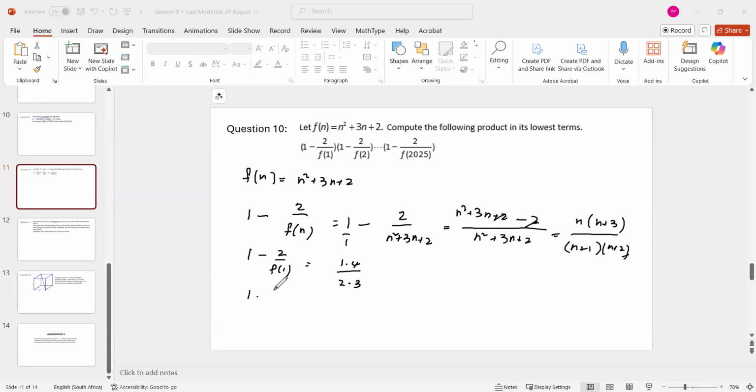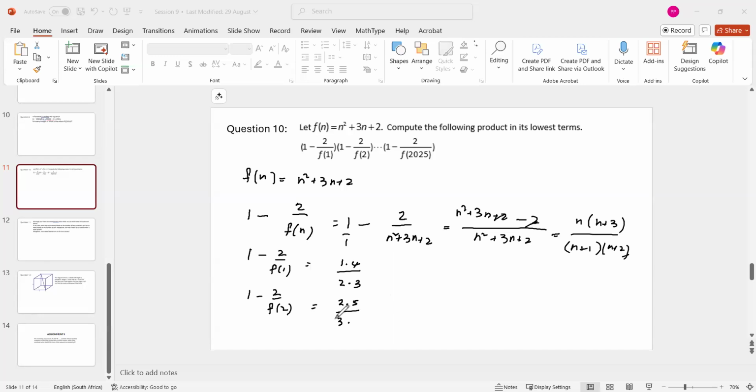The second one is 1 minus 2 over f of 2. Right? Now, n equals 2, and that is 2 times 5. n equals 2, you have 3 times... No, I'm sorry, it's 2 times 4.